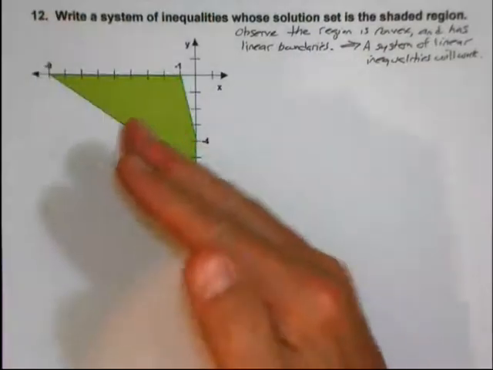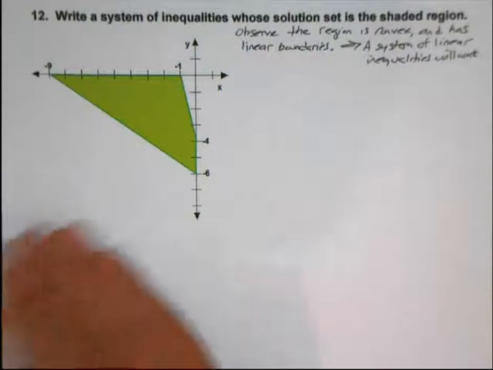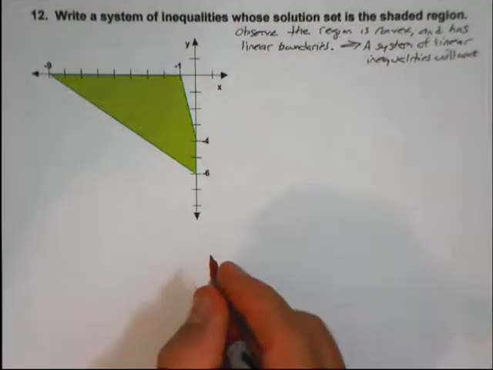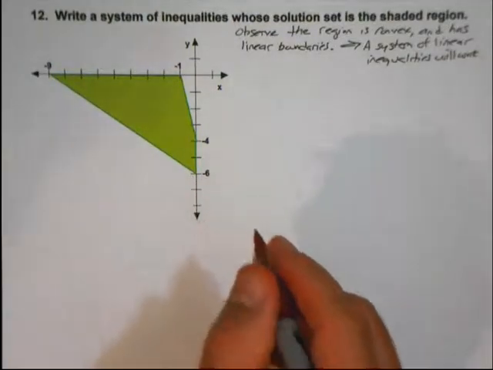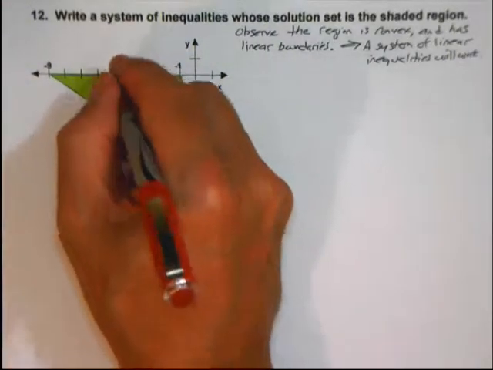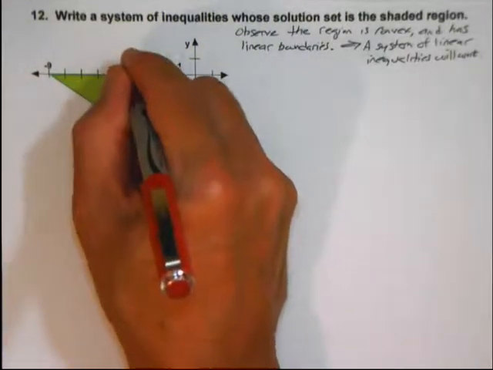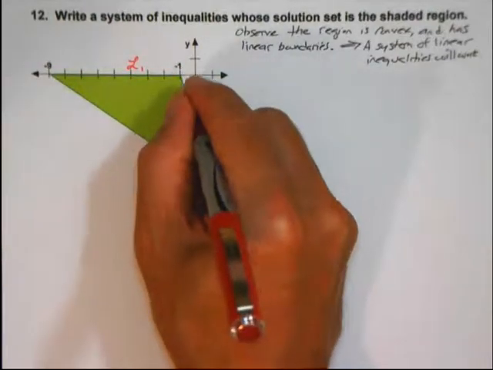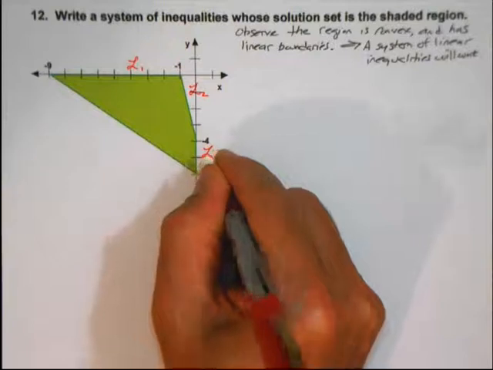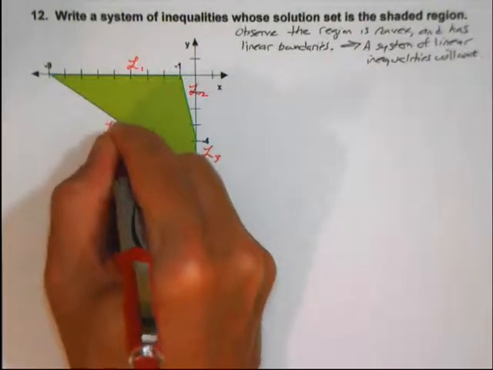This one, this one, this one, and forgot this one. Okay, well, we're going to need boundary lines to get these half planes described to begin with. So maybe we start labeling the boundary lines here. L1, L sub 2, L sub 3, and L sub 4.